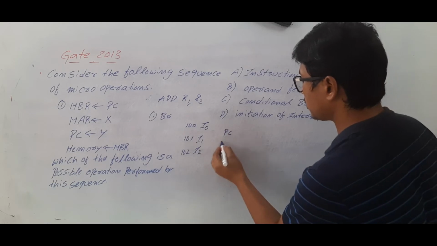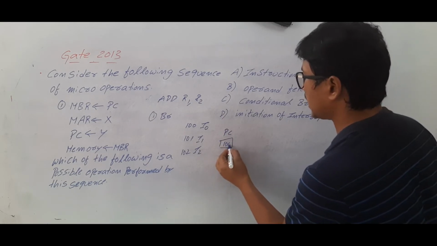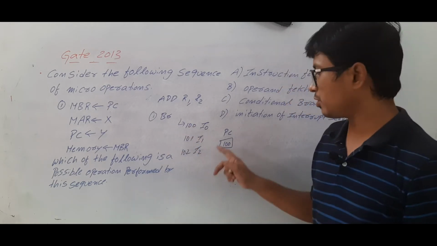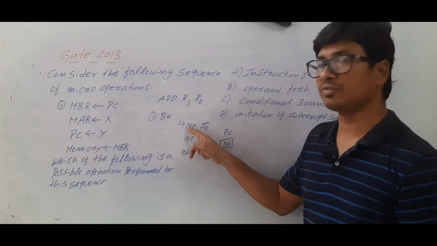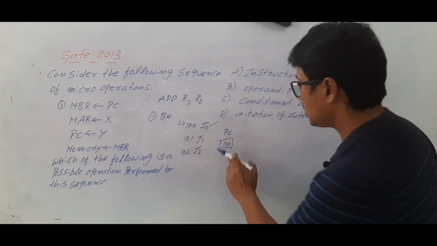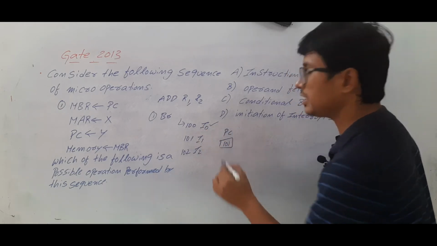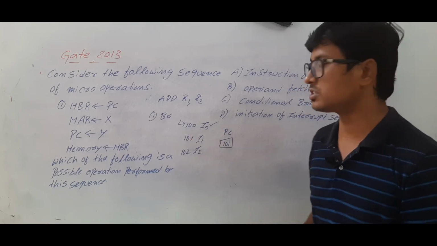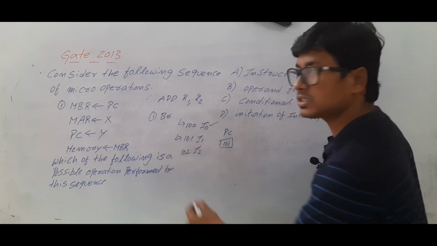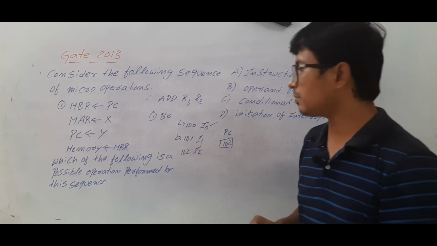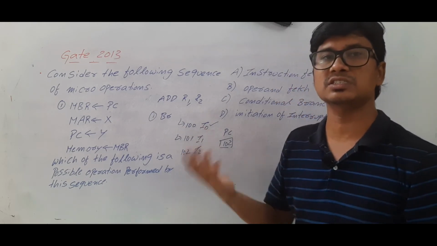Initially the program counter will have the value 100, because when you want to fetch this instruction, the program counter has its address. So I0 will be executed. Once you fetch this instruction, the PC value will be incremented. Always it will have the address of the next instruction to be fetched, so it will be incremented by 1 if you are executing the instructions in sequence.